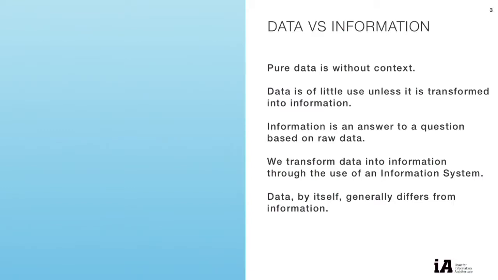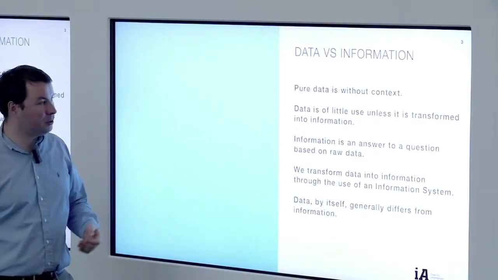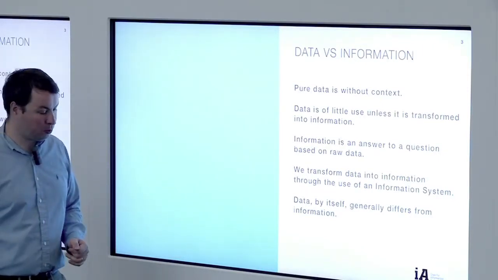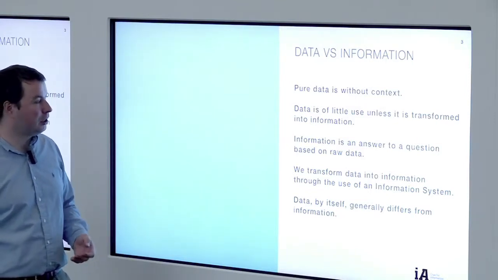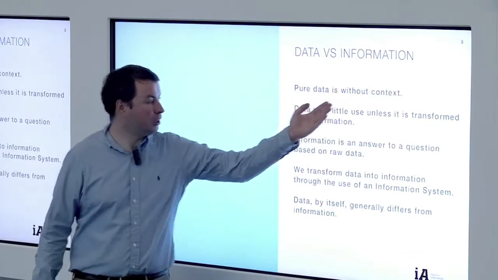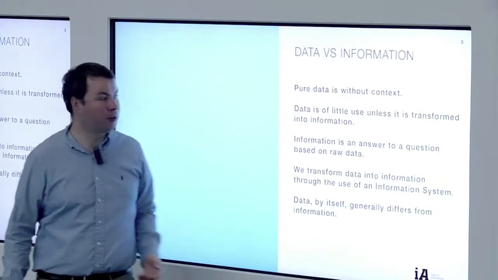So maybe beforehand, a little comparison between the most familiar data types that you are using, like pixel data and vector data. There is already a first kind of value here. Pure data is without context.